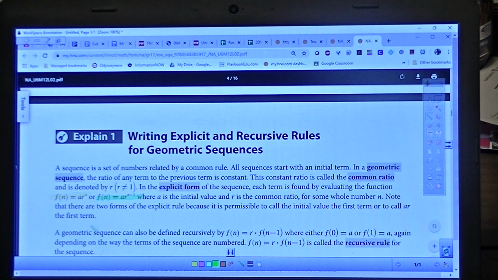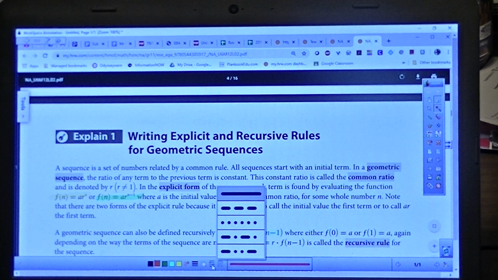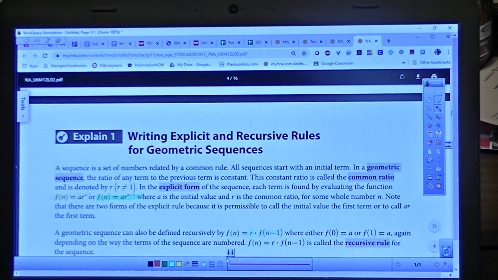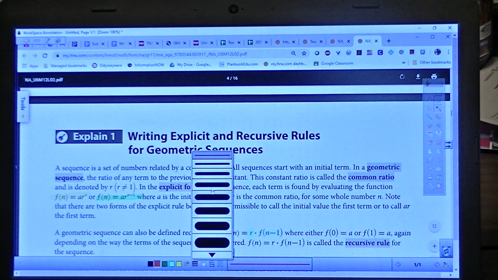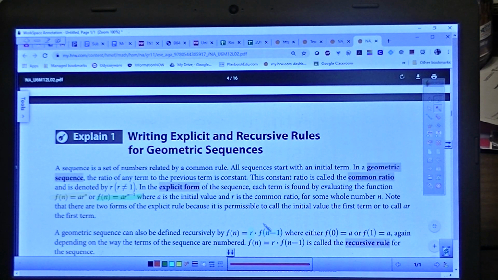Just a quick refresher, when we're talking about recursive patterns, that little guy right there is always going to be the ratio. And what did we say this was? When you see that n minus 1, that's previous term.